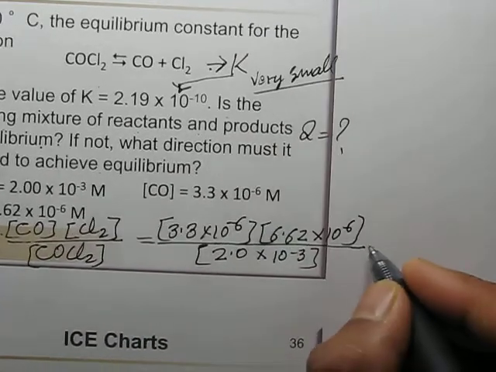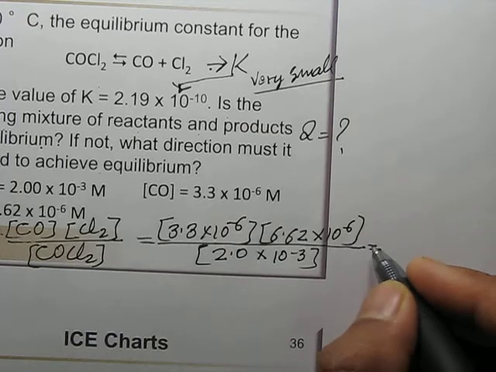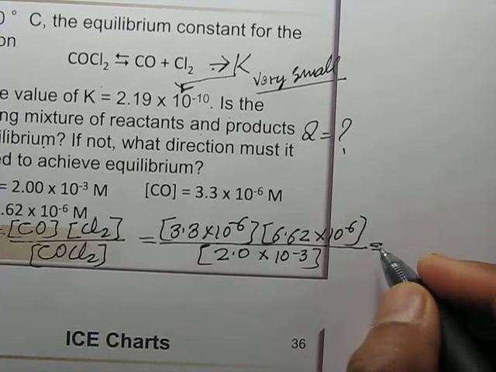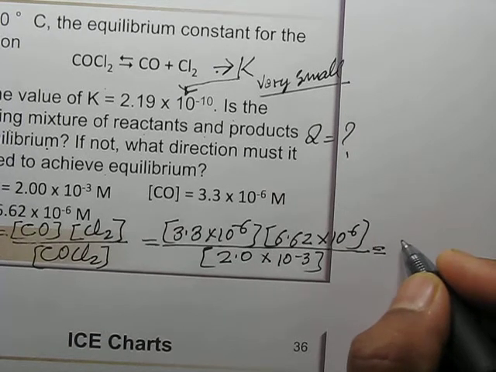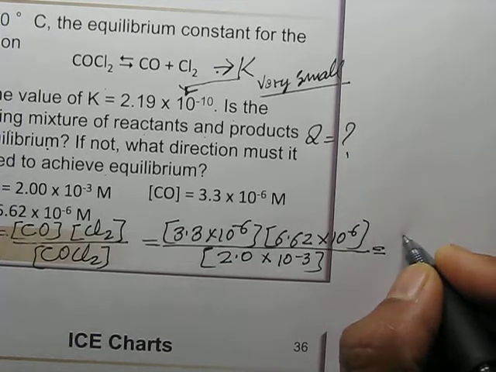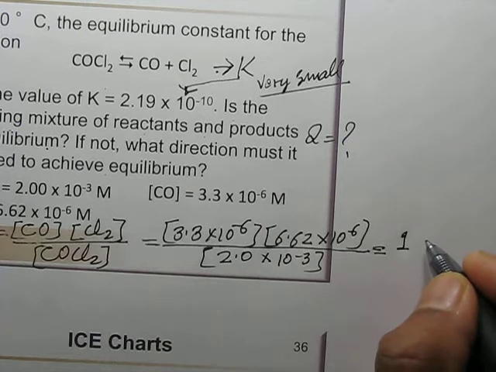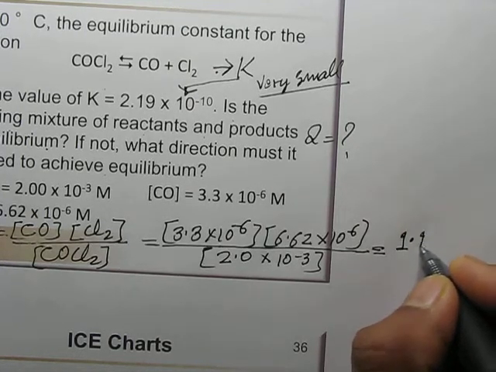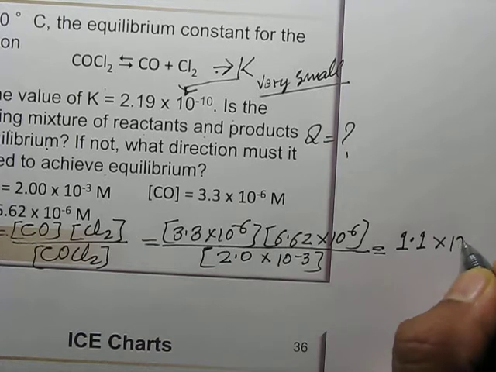Once we solve this, I have already done the math, but you can confirm if this is correct. My calculation came to around 1.1 times 10 to the power minus 8, which I rounded.